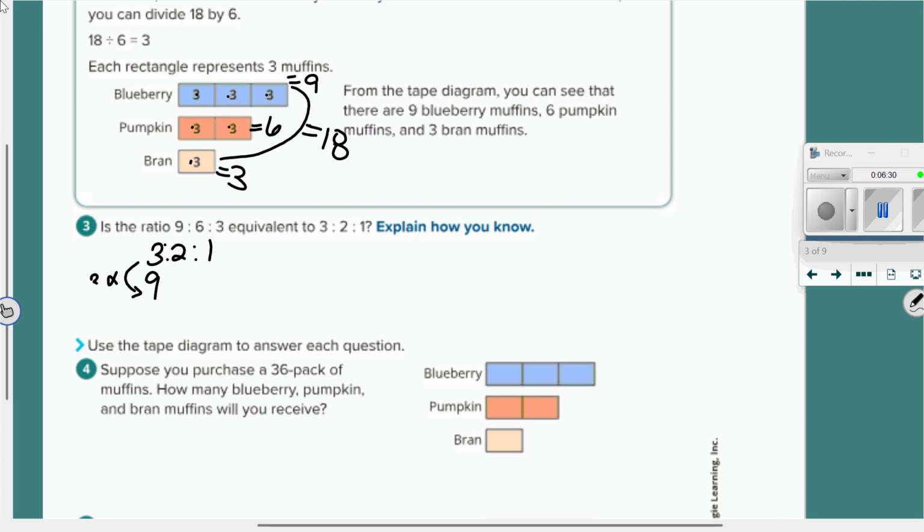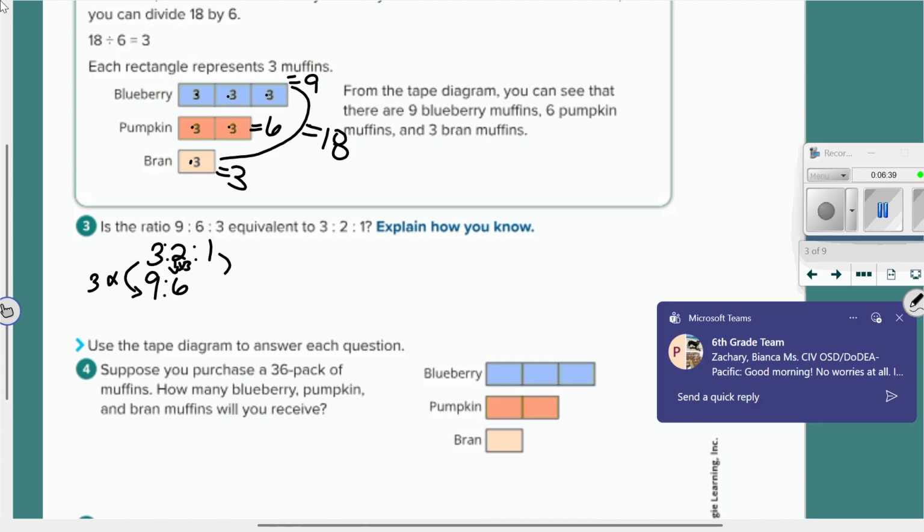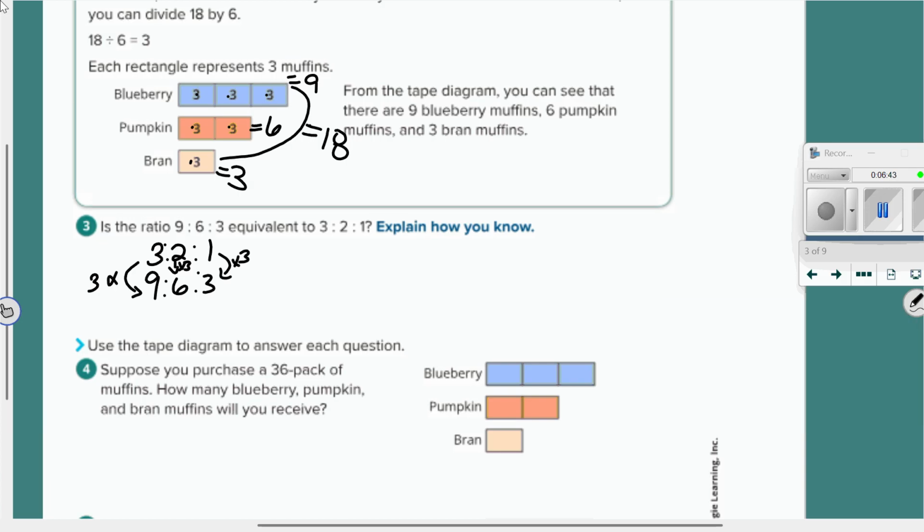What do I do to 2 to get to 6? Times 3. And what do you do to 1 to get to 3? So are they all multiplied by the same number? Yes, then we know it is equivalent. If they were not all multiplied by the same number, it would not be. Make sense?